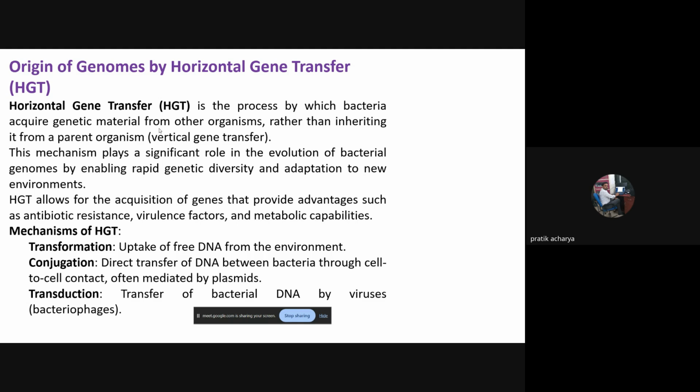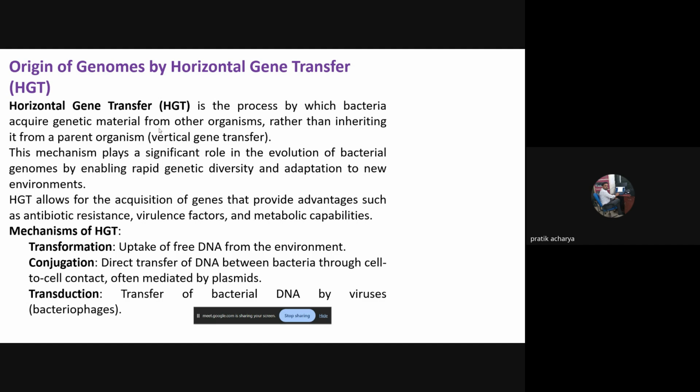Though the bacteria receive genes from other sources, that means variations from other sources influence the bacterial genes, which leads to evolution.